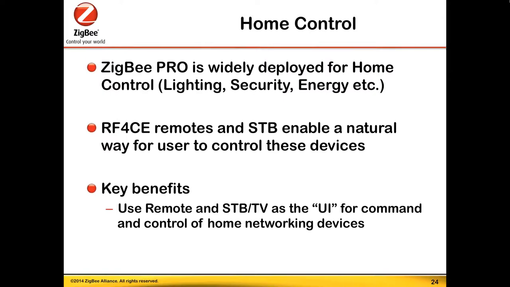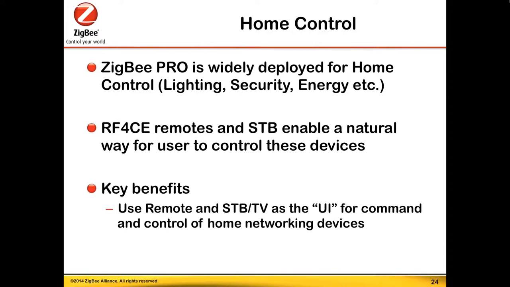So next, I will talk a little bit about the home bridging aspect of ZRP2. As we mentioned, ZigBee has a ZigBee PRO standard as well, which is the mesh networking standard, and it's widely deployed today in a range of control applications like lighting, security, energy management, and RF4CE as well is also widely deployed in the context of remote control and setup of TV and satellite and other equipment.